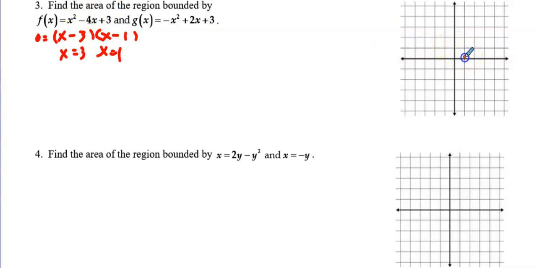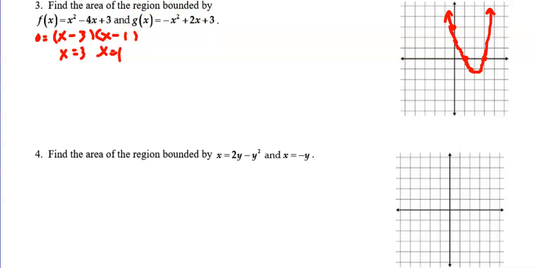We're also going to take into account, if you guys notice, that we have a y-intercept at y equals 3. This and the fact that it's a quadratic and it's positive, so I'm going to know it's going to look something like this. And yes, I can find the vertex if I want to, but again, a rough sketch is all we need for this. So we know the graph looks like this.